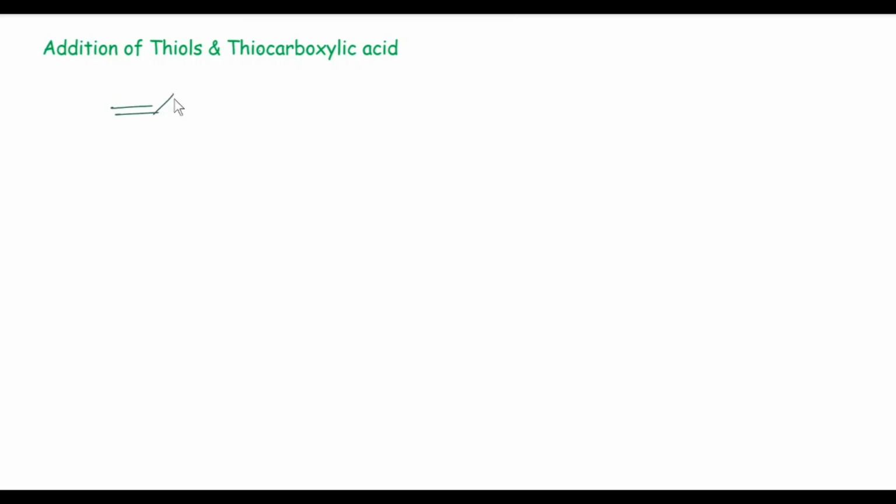So this alkene is treated with this thiol in presence of initiator. We get this as a product. So let us see the mechanism of this reaction.